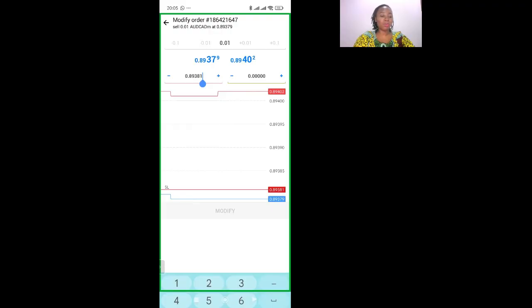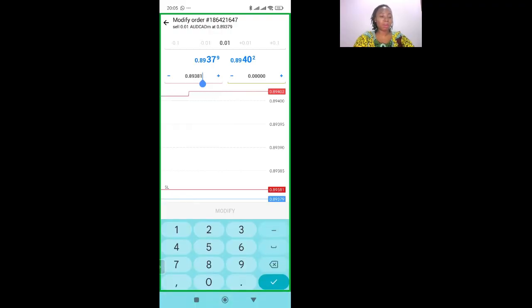As a personal rule, when I'm taking my trades, I put lot size first, even if I'm doing market execution, and then I can come and do modify. Then my SL comes first, even before TP. So this is a sell.